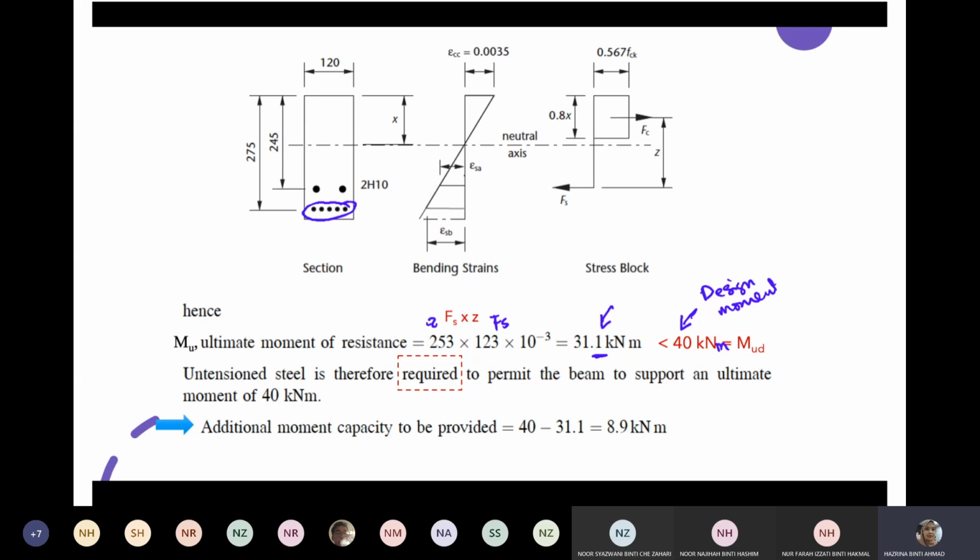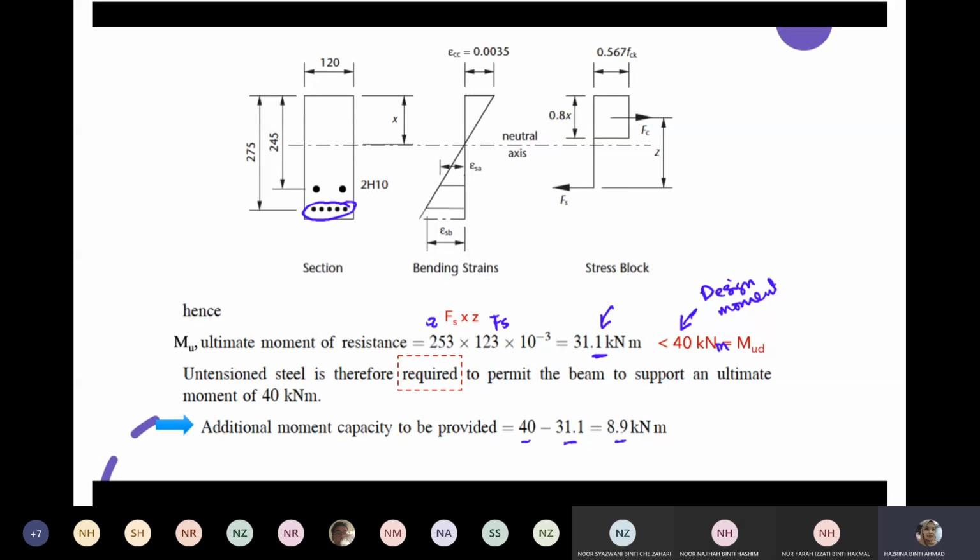So the untensioned steel is therefore required, to permit the beam to support an ultimate moment of 40 kilonewton meter. Here we are required to calculate the difference between the required value and the provided value. The required value is 40 and the provided value is 31.1, so we are lacking 8.9 kilonewton meter.